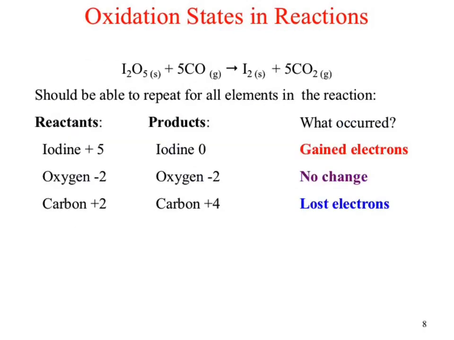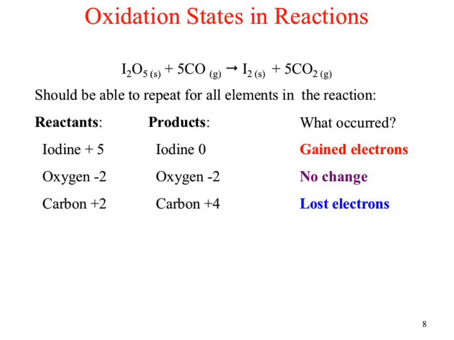What you're supposed to do with this is, given an equation, decide, did the oxidation states change? Well, the only way you can decide if the oxidation states change would be to do what? I would need to determine what the oxidation states are.